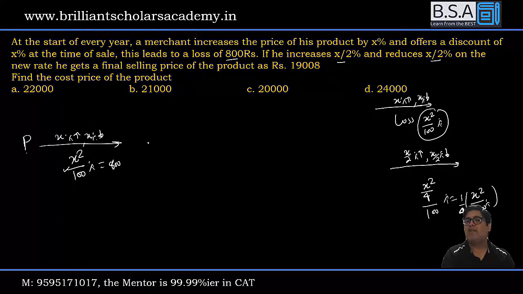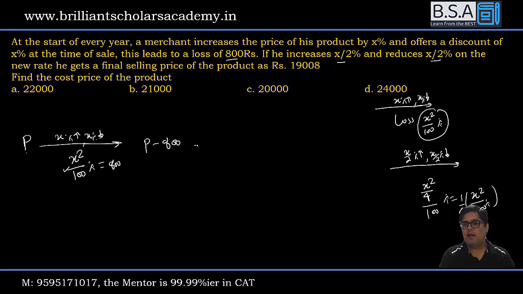So what do you have now? P minus 800. Now what are you doing here? You are doing X by 2 percentage increase and X by 2 percentage decrease. So what you will end up with is X square by 400.